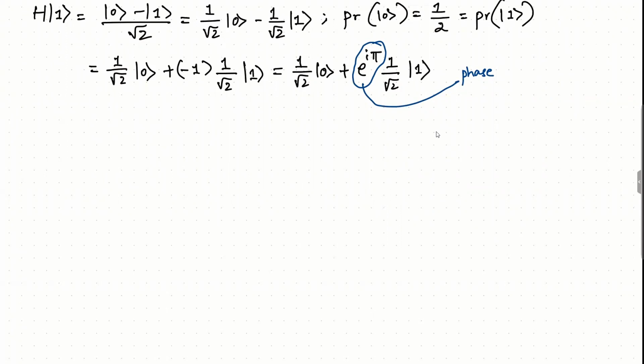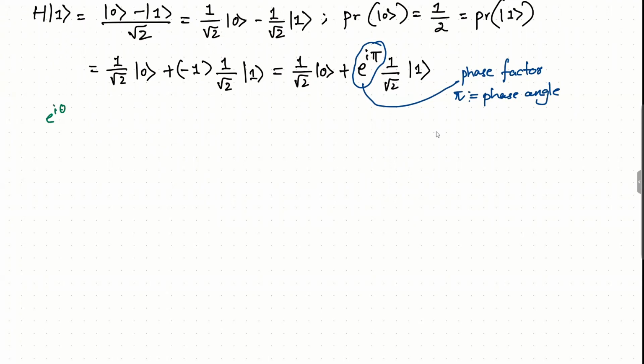So here pi is the phase and e to the power i pi is the phase factor. Just for the sake of completion, I will write this as the phase factor, and pi is the phase angle. This is some extra information.